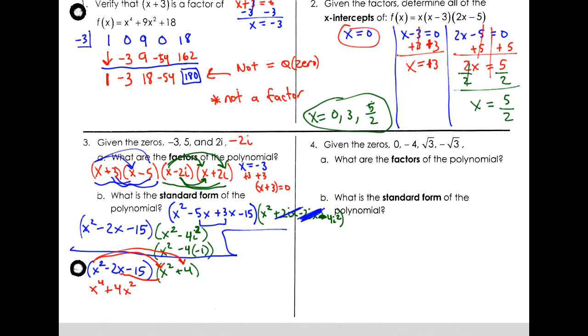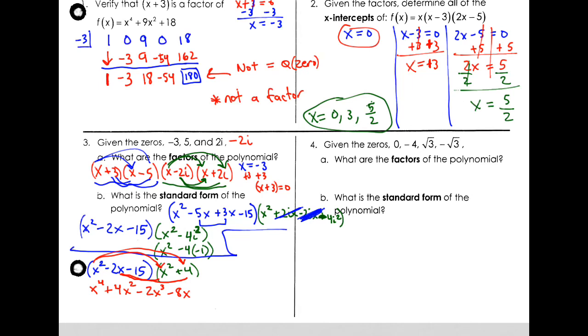Negative 2x times an x squared is a negative 2x to the 3rd. And then you got negative 2x times a positive 4. That gives you a negative 8x.